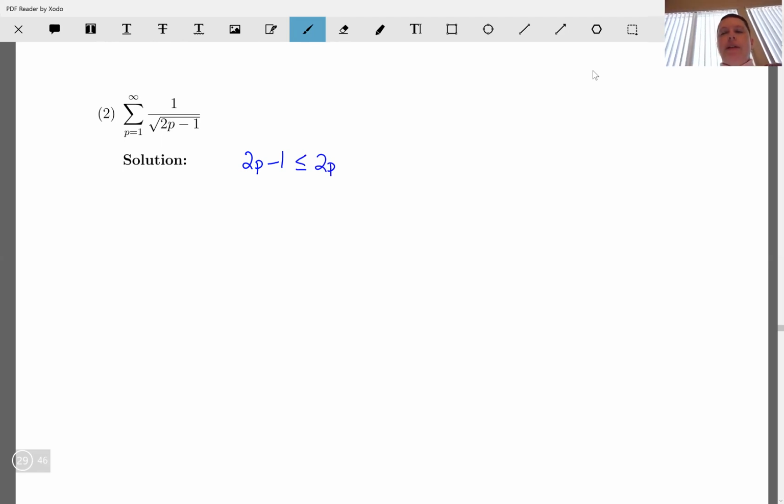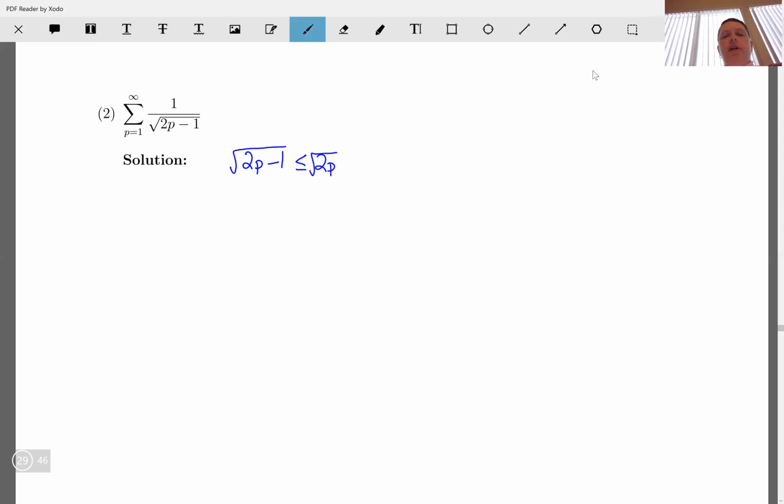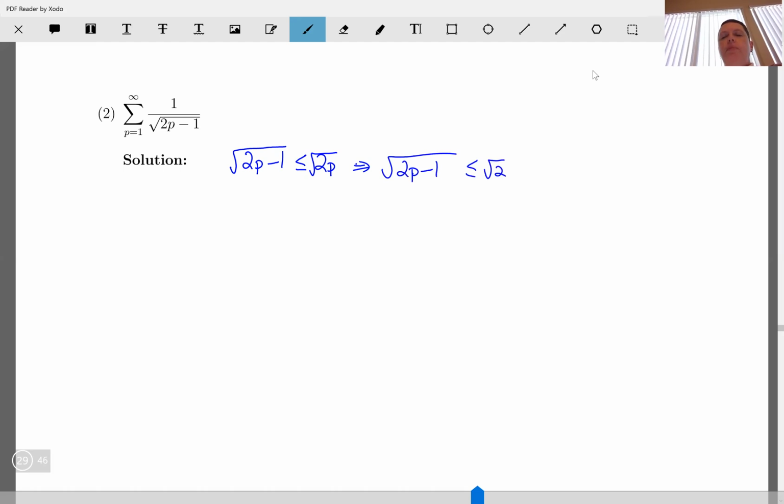Anybody disagree with that? If I take the square root of both sides, then nothing changes. In other words, I can say that the square root of 2p minus 1 is less than the square root of 2 times p to the 1/2.